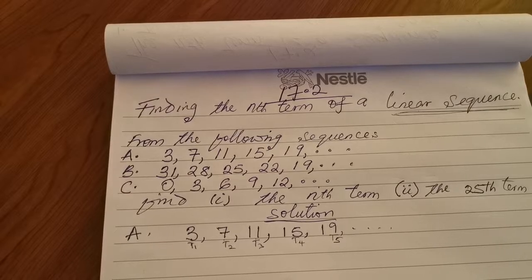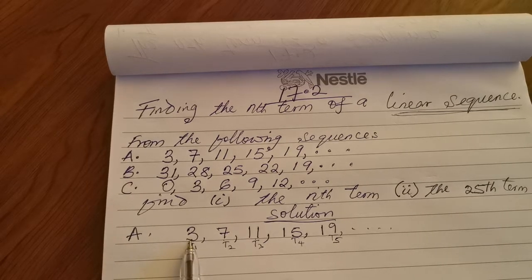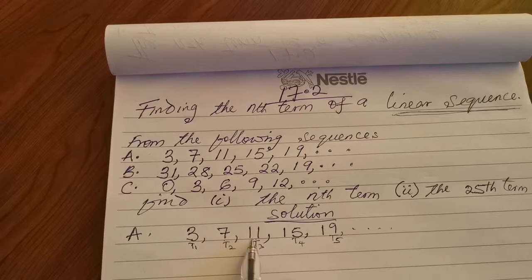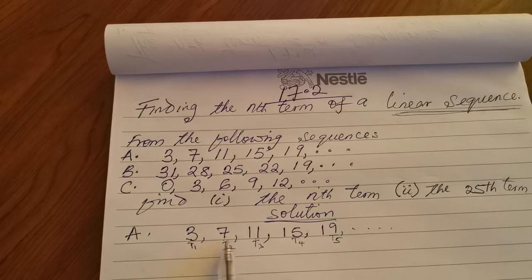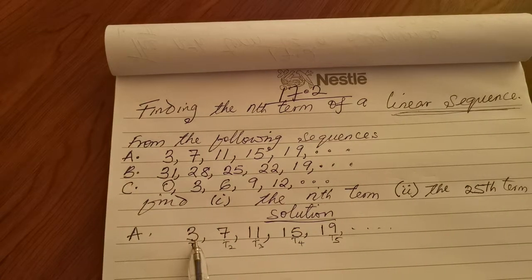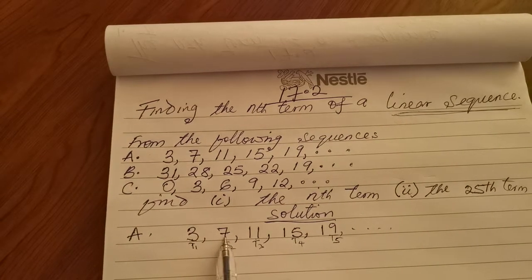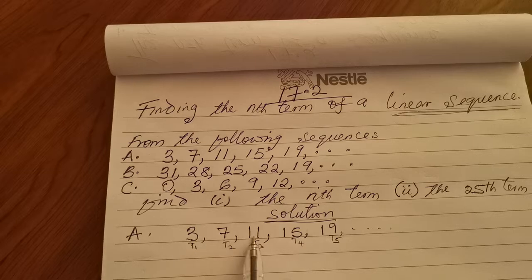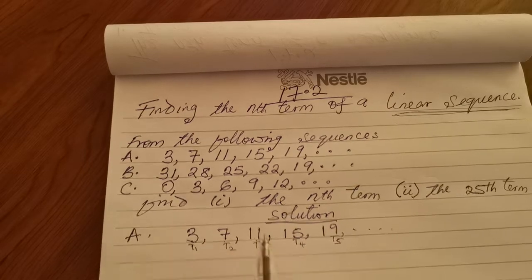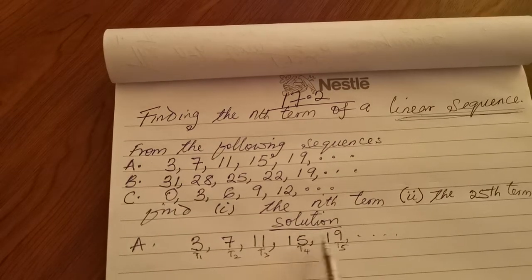Now look at this. The difference between consecutive terms: we have 3, 7, 11, 15. What do you think we added there? Because it's increasing, we have 3 plus 4 is 7, plus 4 is 11, plus 4 is 15, plus 4 is 19.